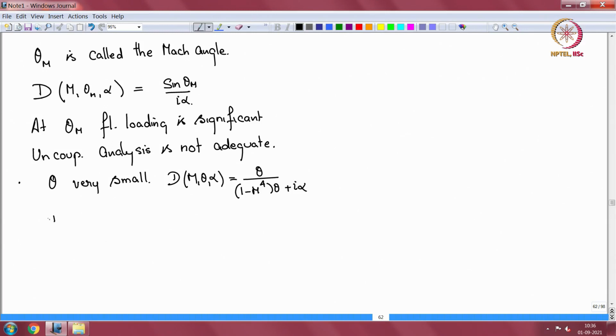Okay, so D tends to 0 as θ tends to 0 regardless of α.